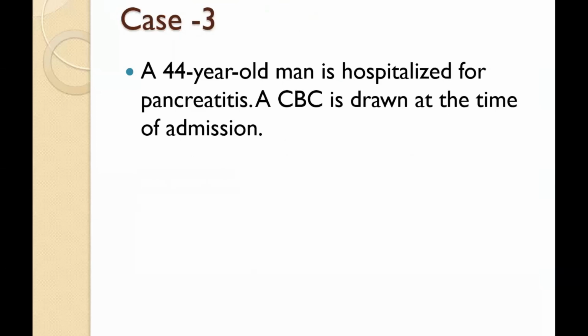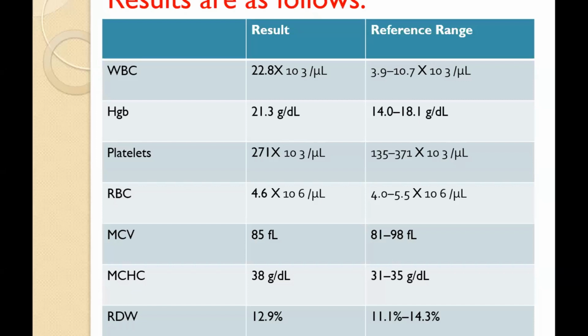This 44-year-old man is hospitalized for pancreatitis. A CBC sample was collected, and hemoglobin was very high, 21.3. TLC was very high, 22.8. And again, how was it interpreted? They thought we are dealing with some myeloproliferative disorder, maybe polycythemia vera, because hemoglobin is very high.